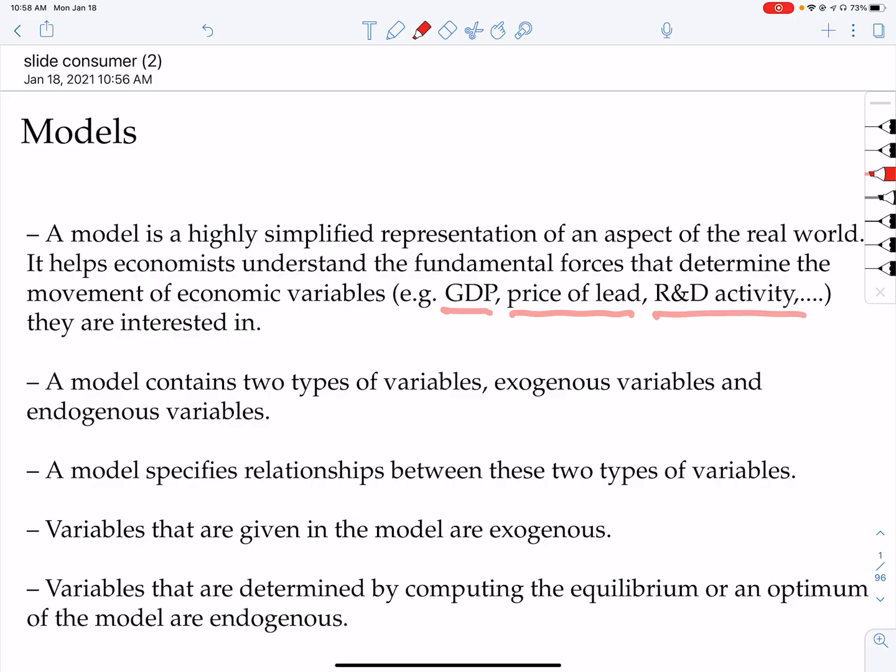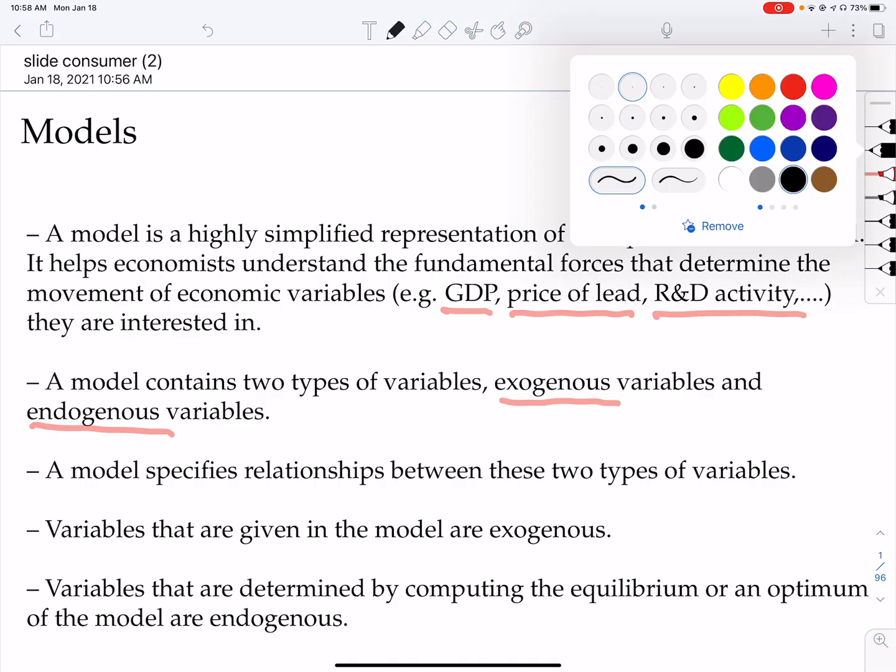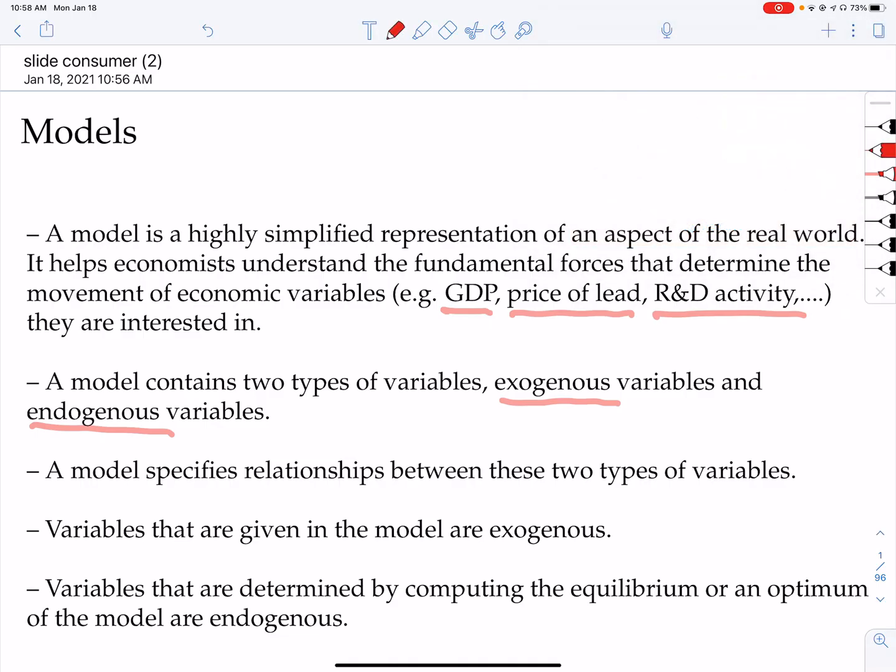Okay, and a model typically contains two types of variables. One is exogenous, and the other is endogenous variable. The exogenous: exo means outside. Okay, so that's the etymology of the ex, and genus means generate or make.